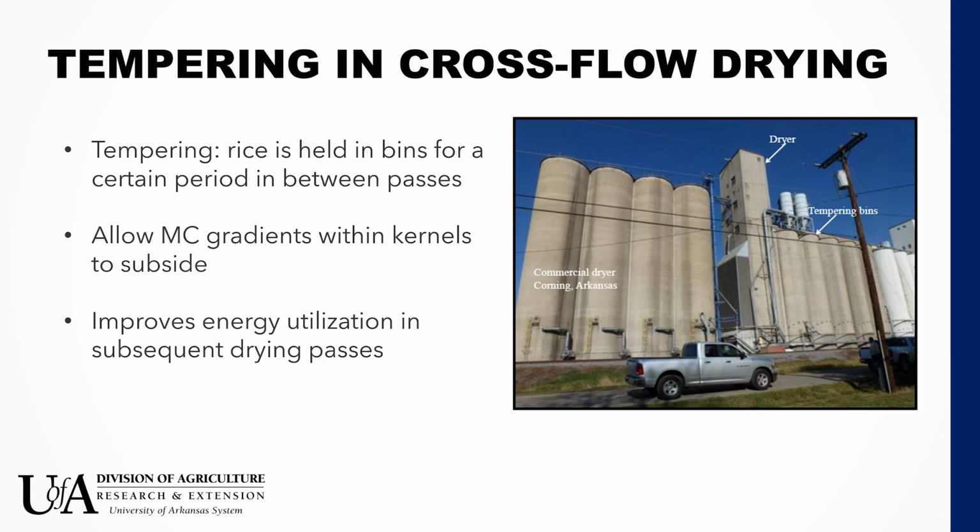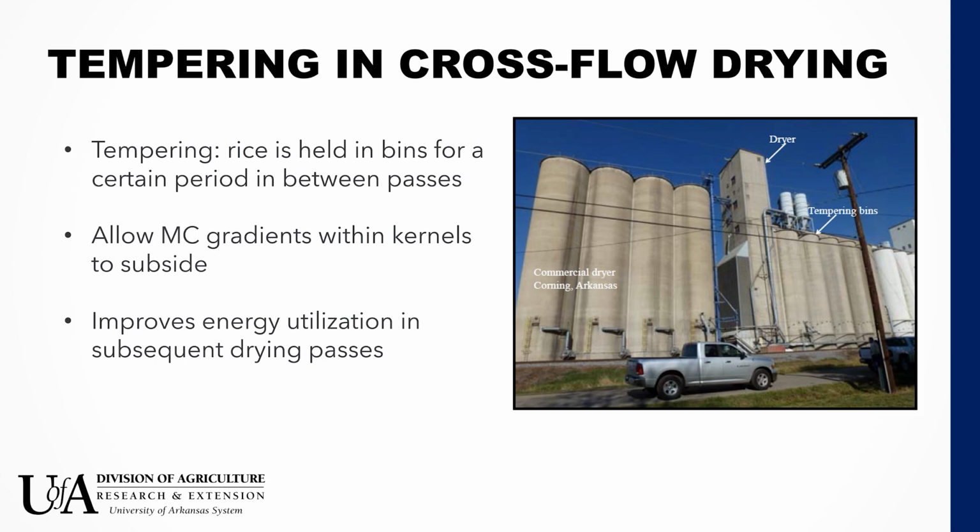Now, the tempering process is necessary to allow the moisture gradients that are established as it goes through the column to subside. And when that happens, we are able to preserve the quality of the grain, in the sense that those moisture content gradients won't develop stresses that would eventually translate into fissure formation, that would eventually translate into breakage, that translates into head rice yield reductions.